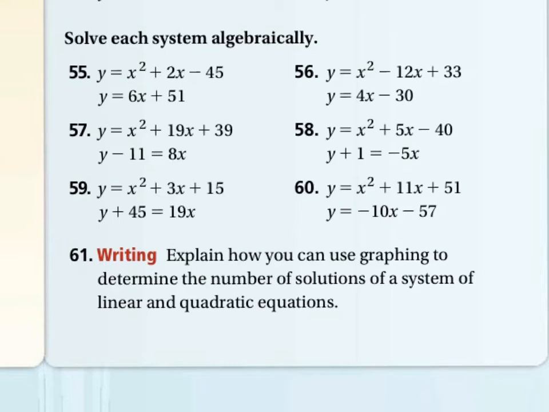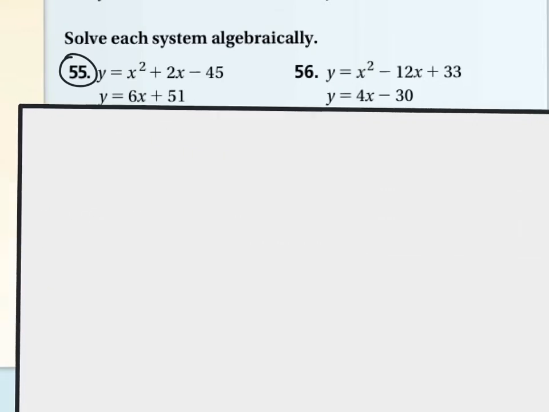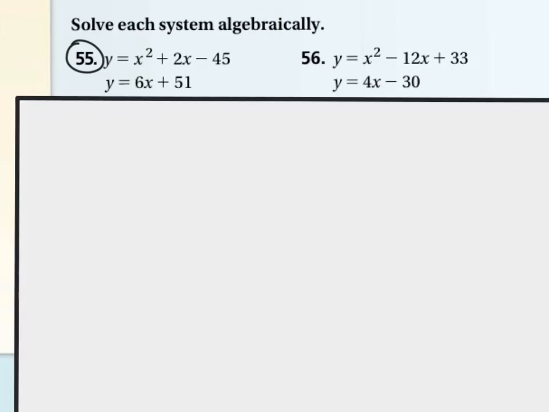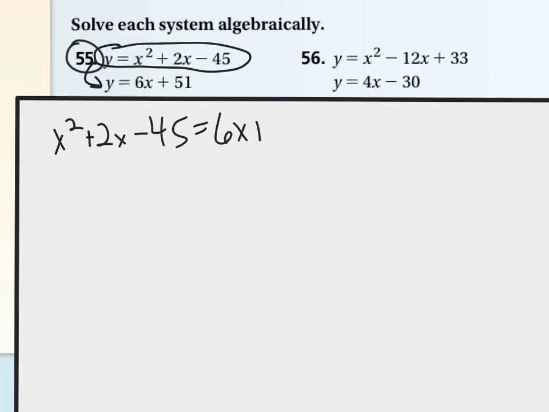So let's look at number 55. On 55, we're going to solve this algebraically. We're going to see where this parabola and this line intersect. Both of these are y equals, so let's substitute. I like to have a positive x squared term, so that's why I'm going to do it this way.